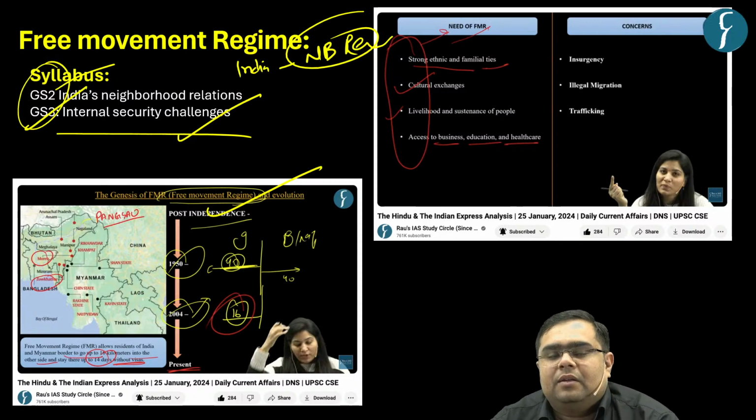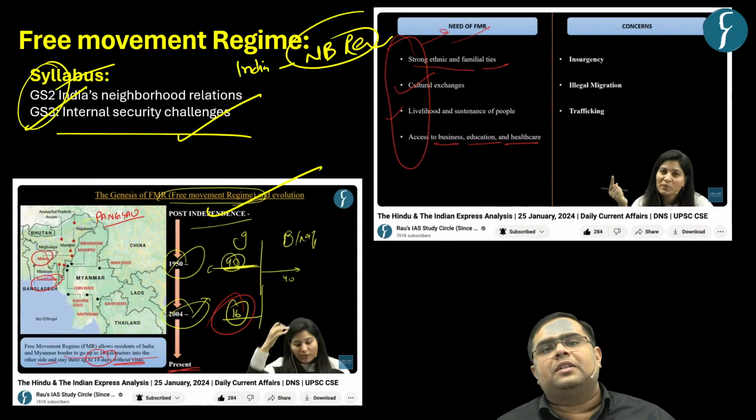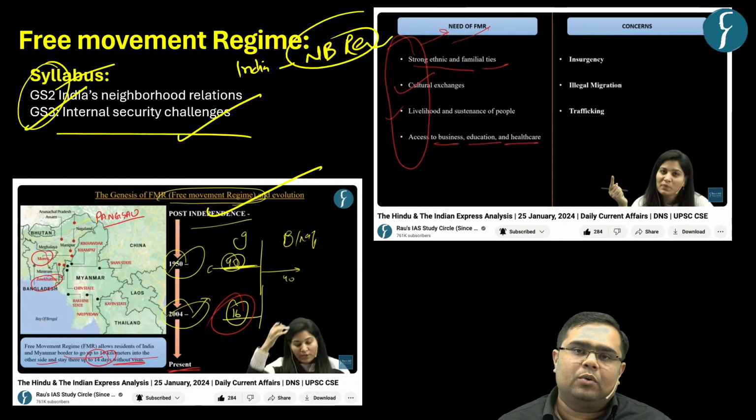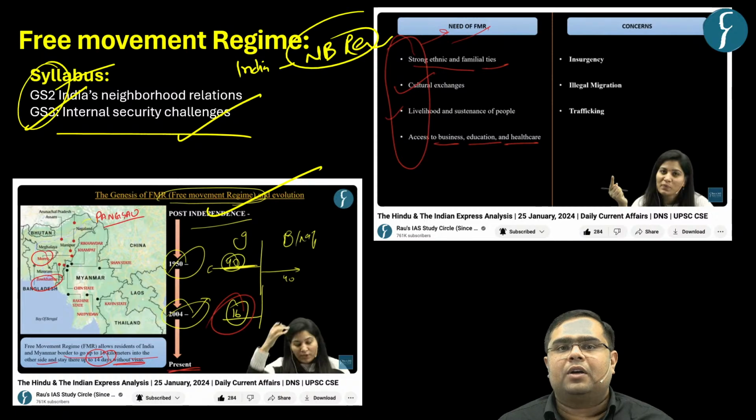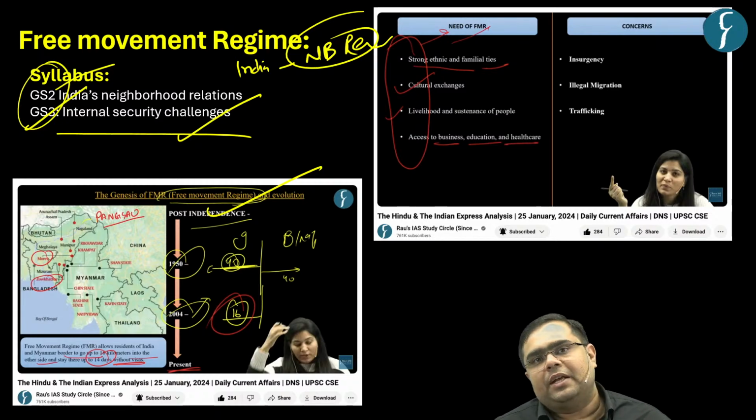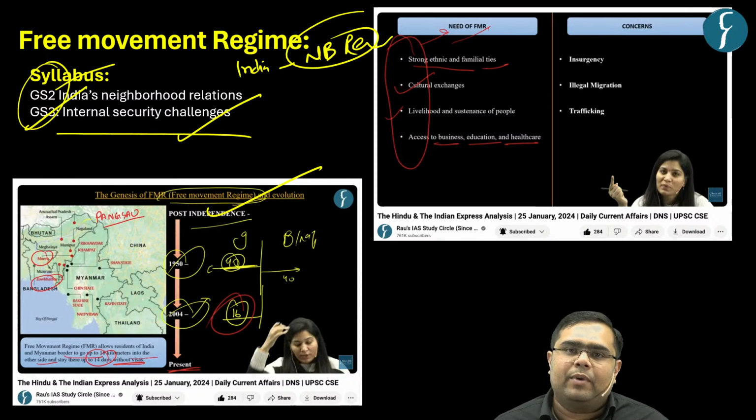So the present problem of free movement regime can be traced back to that period, because once it was a part of India, various tribes have familial linkages cross border. So that is why there was a need to provide a free movement regime.